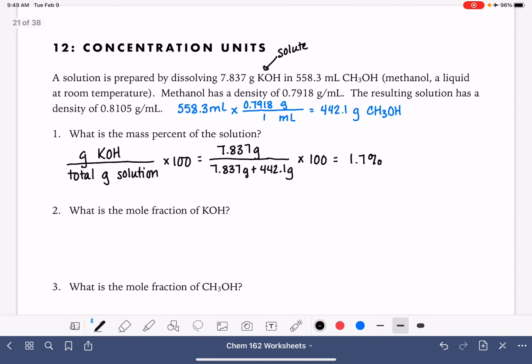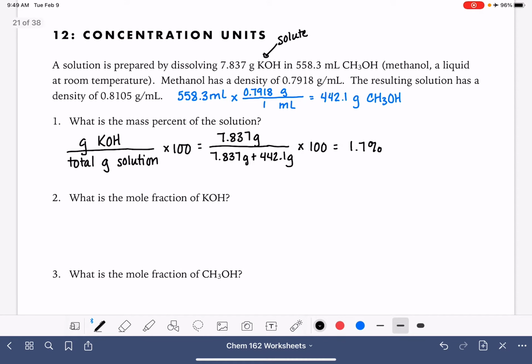The second and third problem are asking us to calculate the mole fraction of each one of the components. The mole fraction of the KOH is going to be the moles of the KOH divided by the total moles of the solution. So we are going to need to figure out the number of moles of the KOH. I'm going to do that calculation up here. 7.837 grams of KOH.